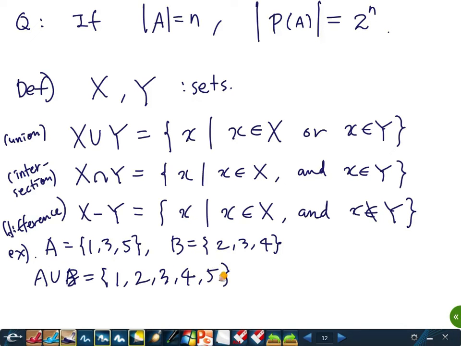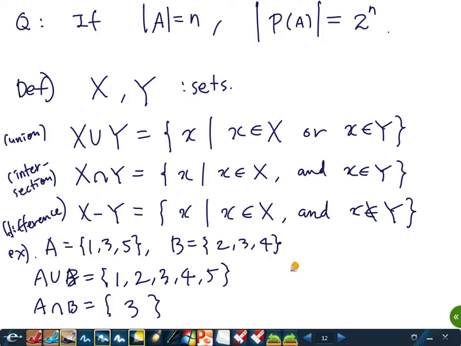This is the union. And for intersection, you look at elements that are both in A and B. 1 is in A, but not in B, so 1 is not in this intersection. 2 is only in B, so not there. 3 is both in A and B, so 3 is there. That's the only element in this intersection.